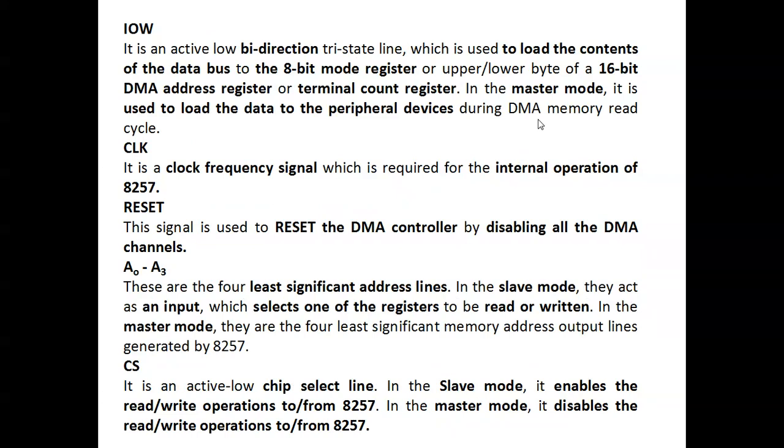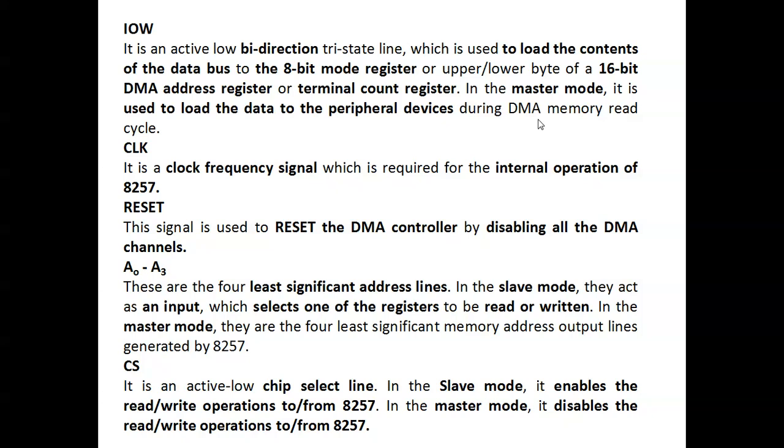Then clock is the frequency signal required for internal operation of the 8257. Reset disables the DMA channels; the 4 channels available will be disabled by this reset. A0 to A3 are the least significant address lines.